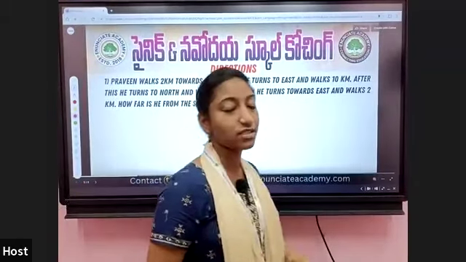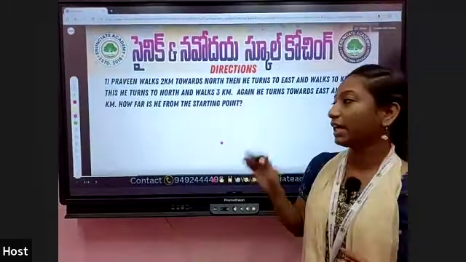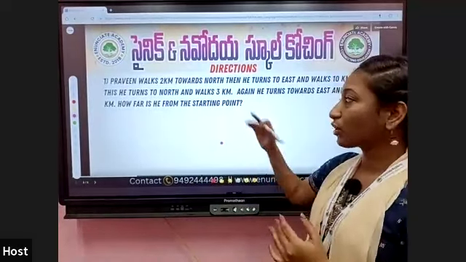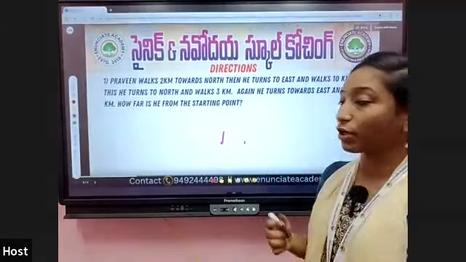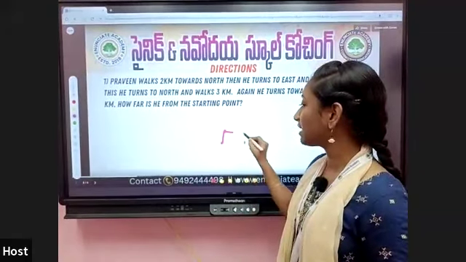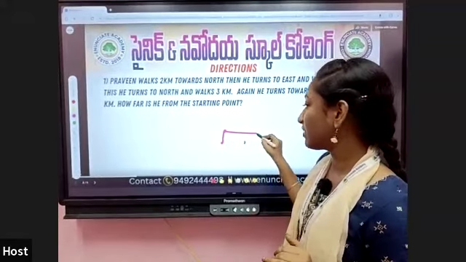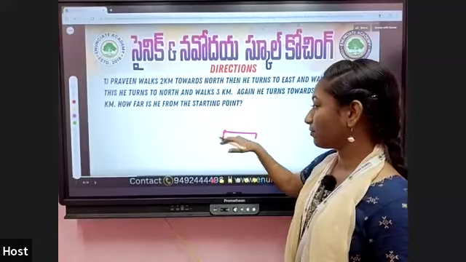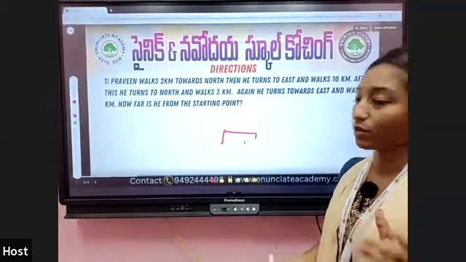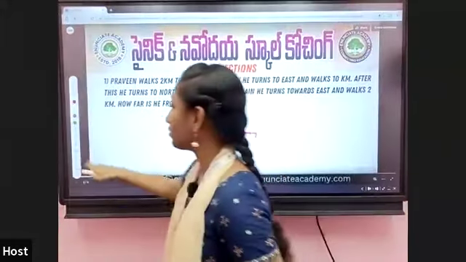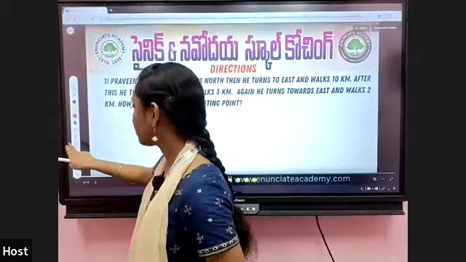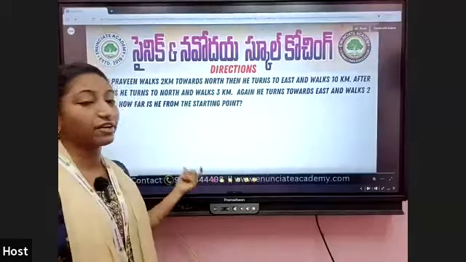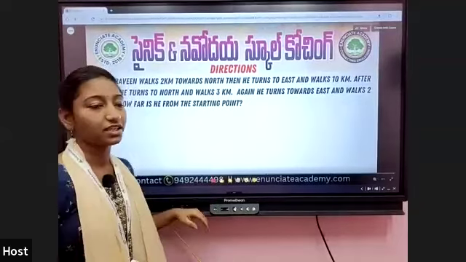Second, we should clearly draw the diagram. 2 kilometers means only 2 kilometers, 4 kilometers means we should draw bigger than the 2 kilometers, and 1 kilometer means we should draw smaller than the 2 kilometers. When we draw the diagram perfectly, we can easily solve the direction sum.